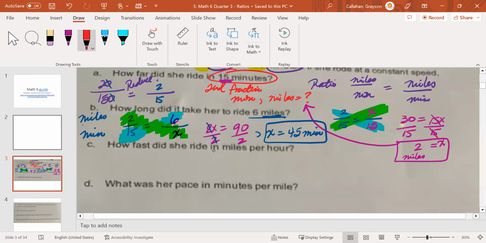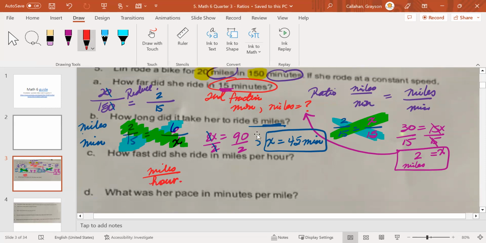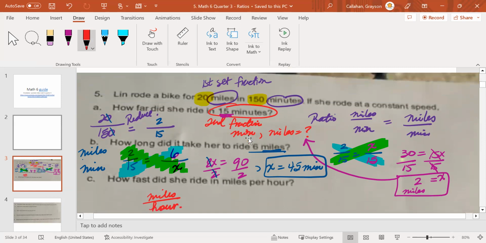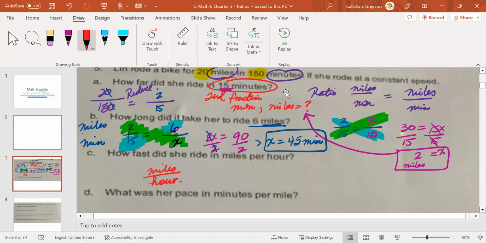How fast did she ride in miles per hour? So, miles per hour. These are your units, right? Now, she did ride initially, they gave you 20 miles in 150 minutes, right? So, we can say this is 20 miles, right?